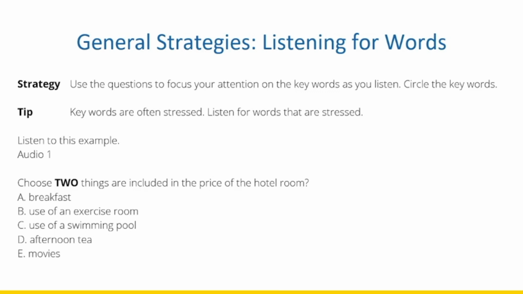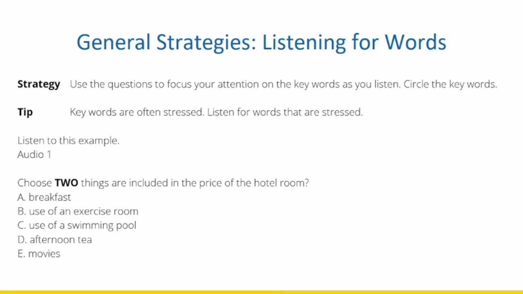So here we have an example of a similar task. Here we have the following question. Choose 2 things that are included in the price of the hotel room. In this case, the word 2 is emphasized. You have 5 different options, A, B, C, D, and E, and from these 5 options, you have to pick only 2 things.